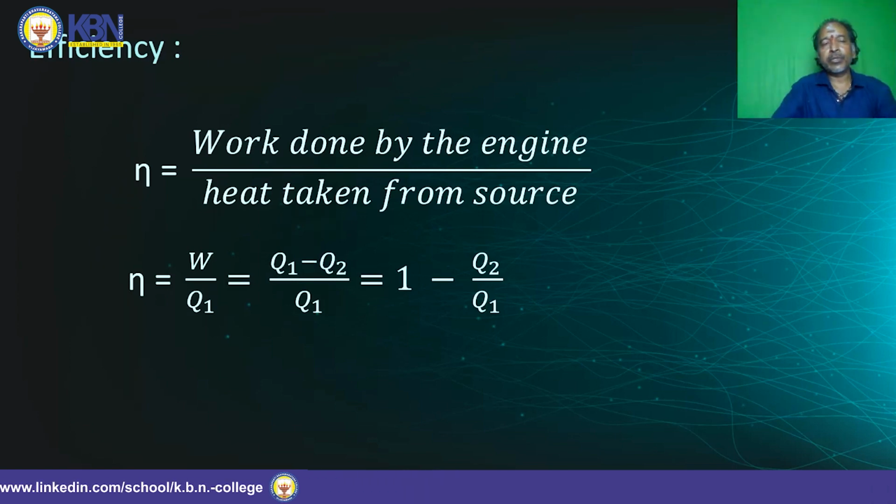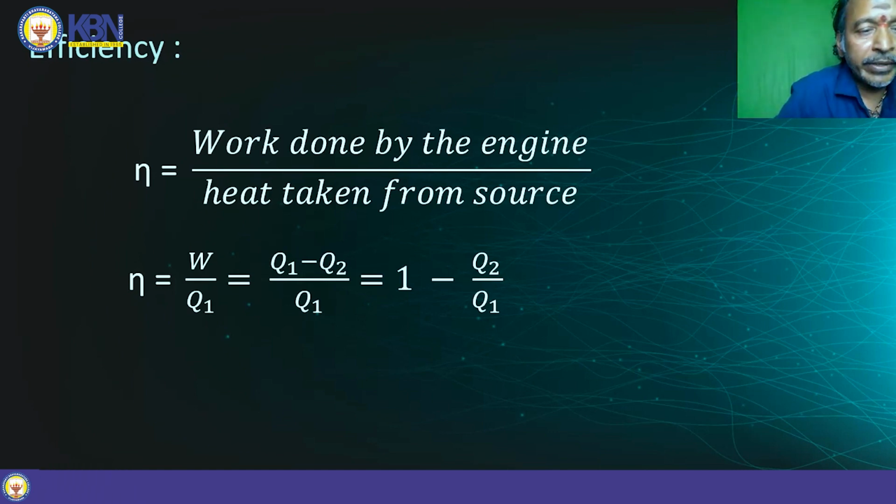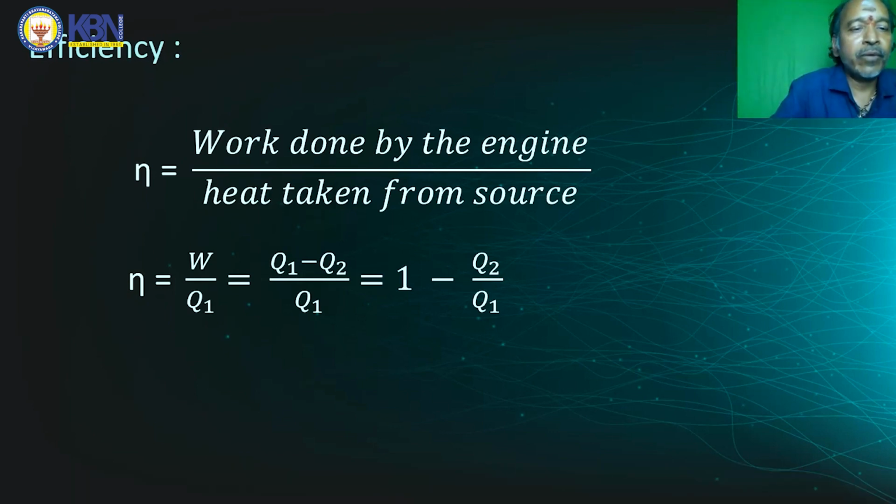So by substituting these values and simplification, finally we get the expression: the efficiency of Carnot's engine is Q1 minus Q2 by Q1. It is the efficiency of Carnot's engine in terms of heat energy, where eta is the efficiency of Carnot's engine and Q1 is the amount of heat taken or drawn from the source, and Q2 is the amount of heat energy rejected to the sink.